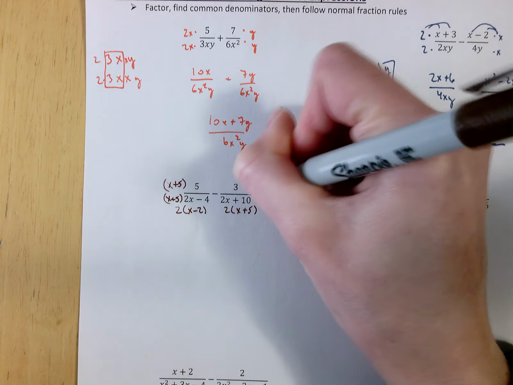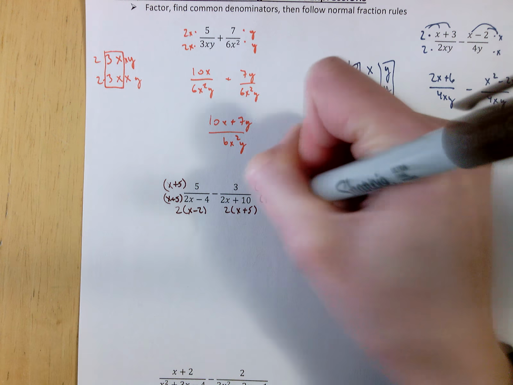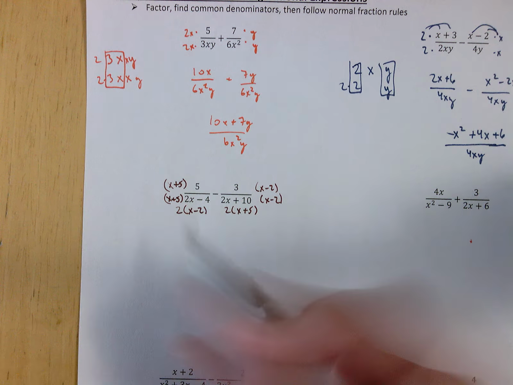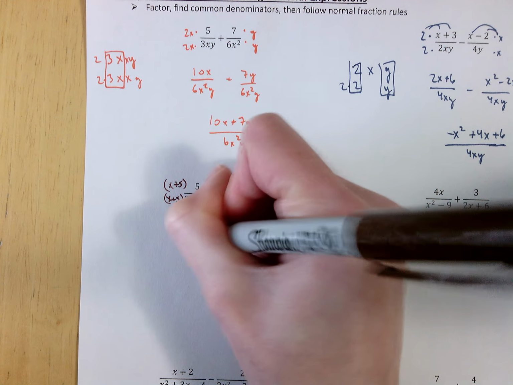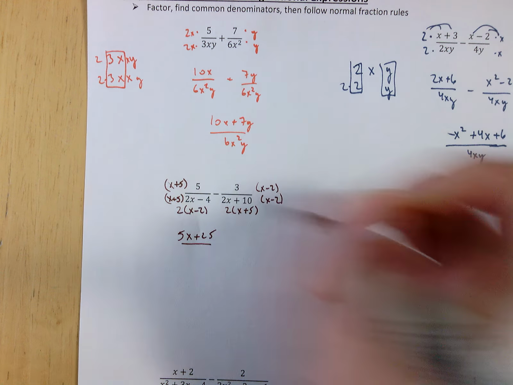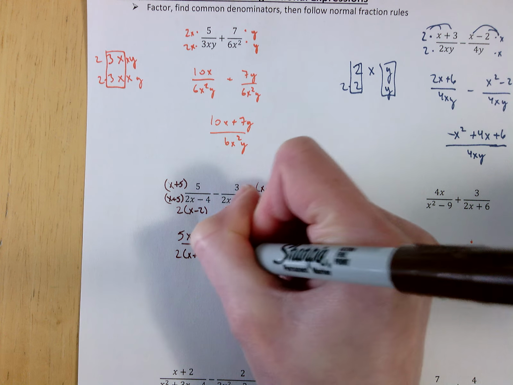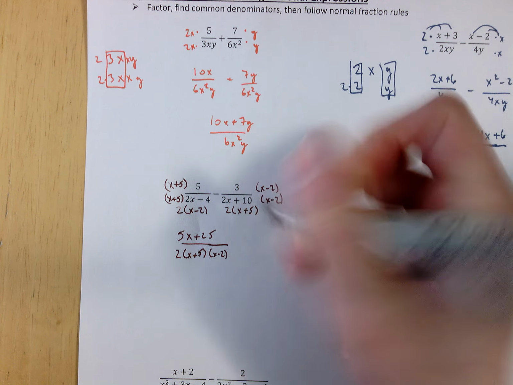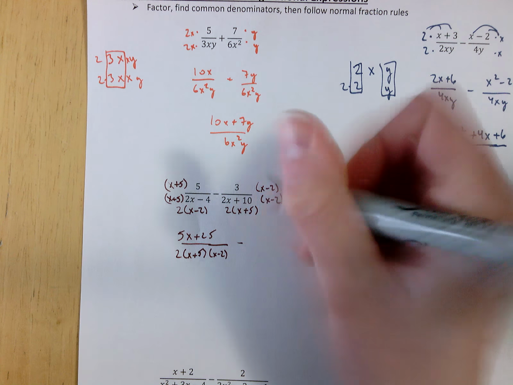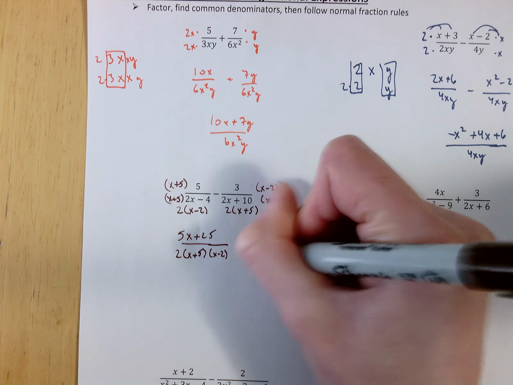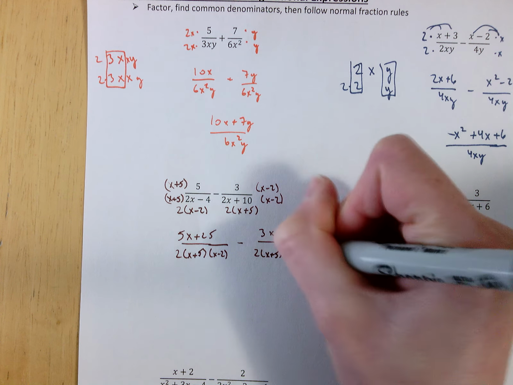And this guy is going to need to get multiplied by x minus 2 top and bottom. Okay, distributive property, that's going to be 5x plus 25. And my denominator is 2 times x plus 5 times x minus 2. Okay, this guy distributive, so 3x minus 6. And there's my same denominator.